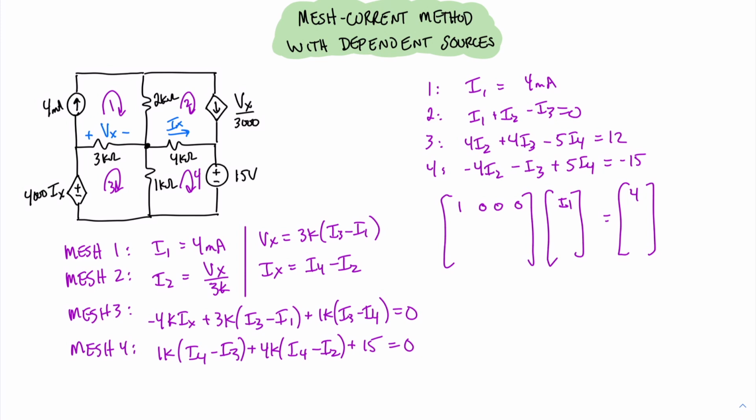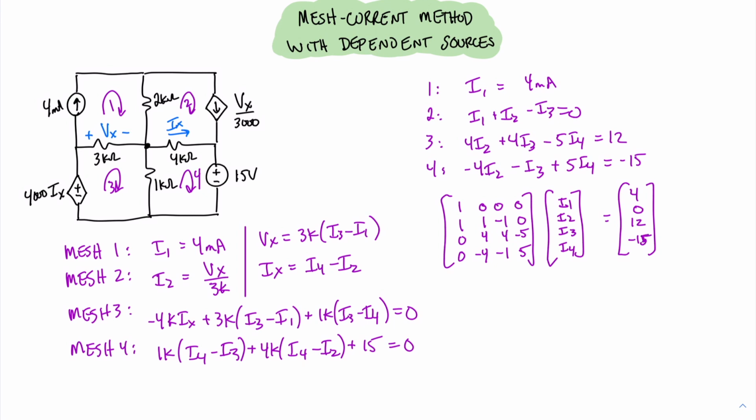For the second equation, we'll say 1, 1, minus 1, 0, equals 0. For the third, we'll say 0, 4, 4, minus 5, equals 12. And then 0, minus 4, minus 1, 5, equals minus 15.